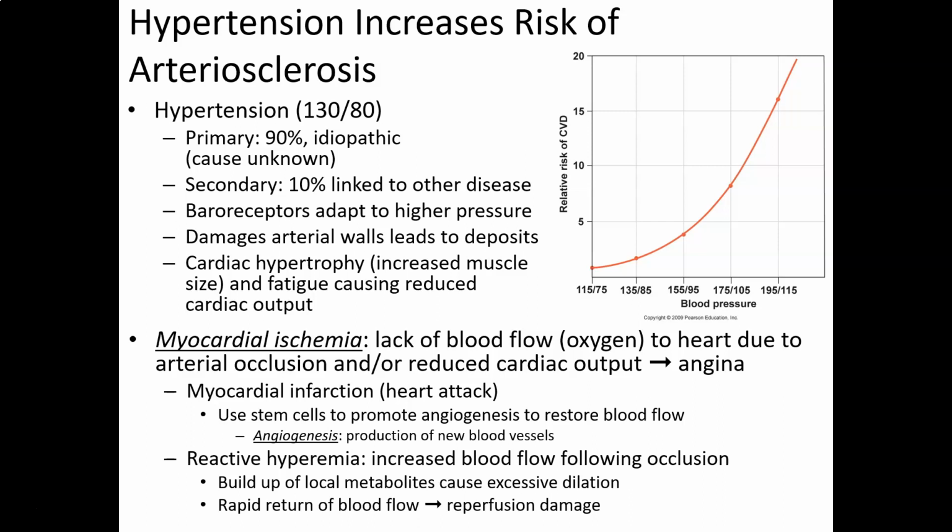So there are a number of other problems that happen with high blood pressure. Sometimes your baroreceptors adapt to the higher pressure, and that increases your set point. Like I said earlier, it damages the arterial walls, which leads to cholesterol deposits. It also causes cardiac hypertrophy. Hyper means increased, trophy in this case is size. So hypertrophy is an increase in muscle size. And to be honest, just because your heart is bigger doesn't mean it's a bad thing.